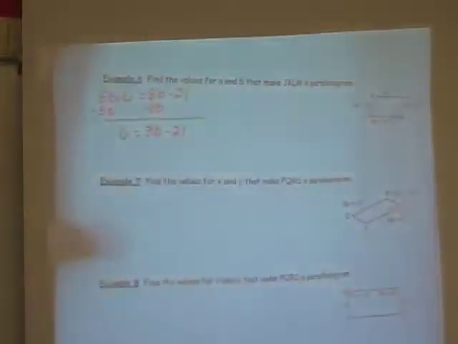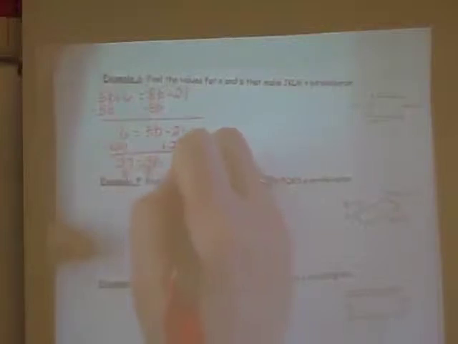Solving that, we subtract 5B from both sides, and we have 6 equals 3B minus 21. And if we add 21 to both sides, we have 27 equals 3B. From there, we divide both sides by 3, and you are left with B equals 9. So if B is 9, that shape is a parallelogram.